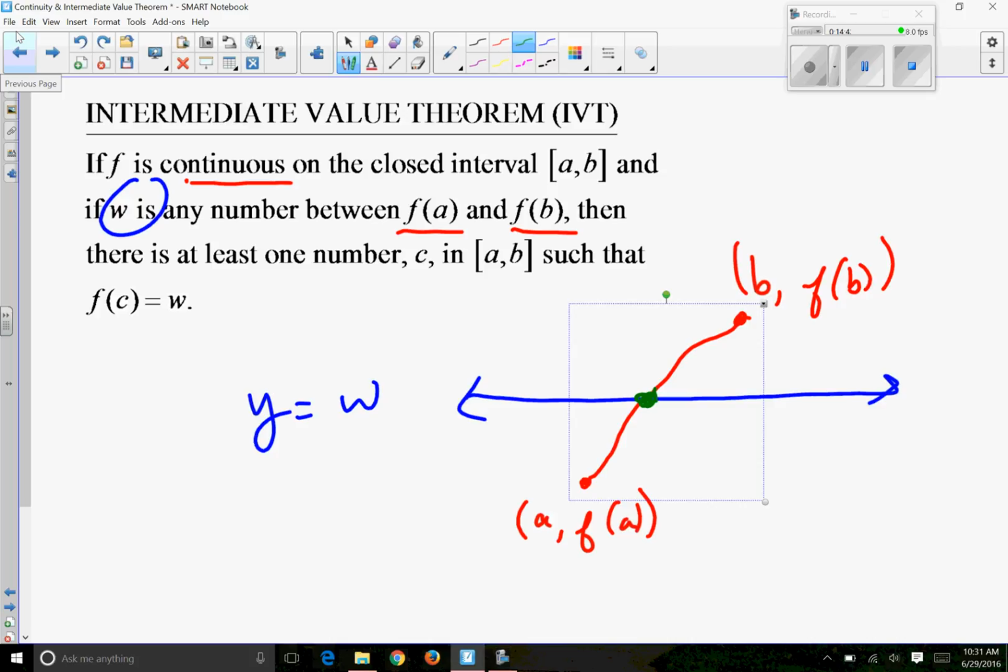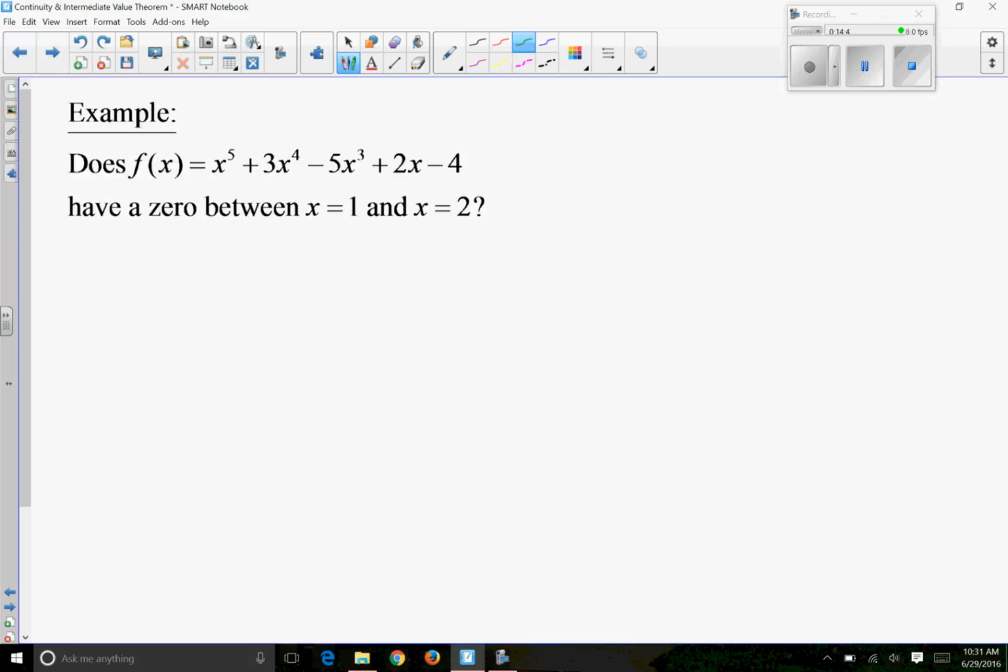So this theorem is used, make sure you write all the words down. Pause video if necessary. This theorem is used to answer questions like this. Does f of x equal x to the fifth plus 3x to the fourth minus 5x to the third plus 2x minus 4 have a 0 between x equals 1 and x equals 2?